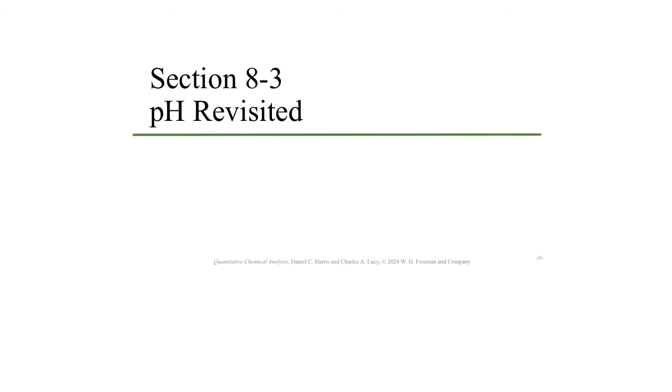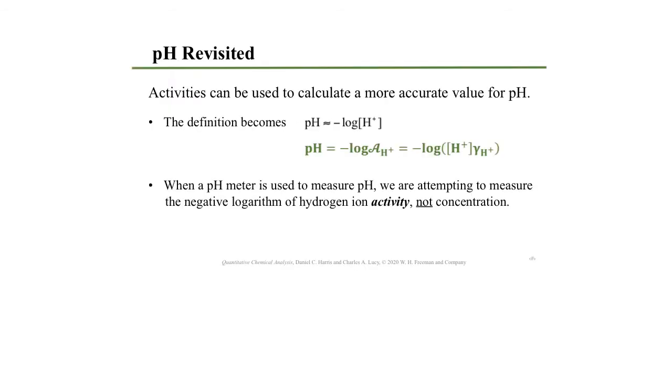So this kind of brings us a little bit of full circle. We're now going to talk a little bit about pH. You can use activity, obviously, to calculate a more accurate pH value. If the pH is equal to the negative log of the H plus, well, the pH is also equal to the negative log of the activity, more accurately.